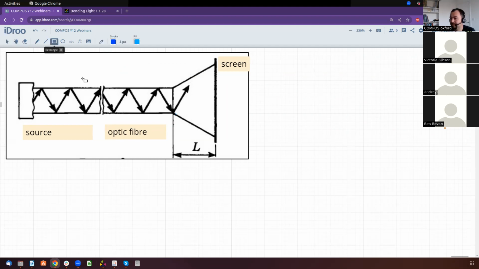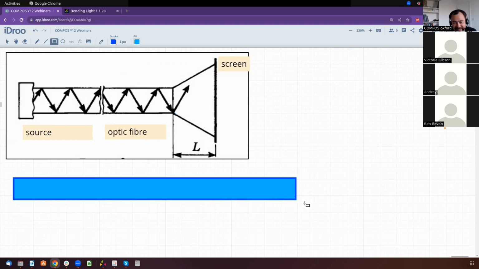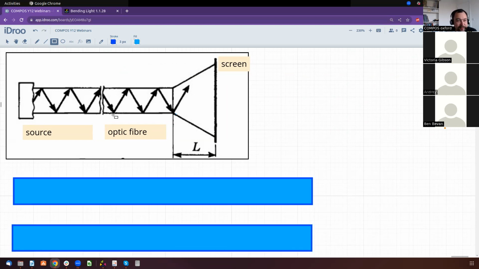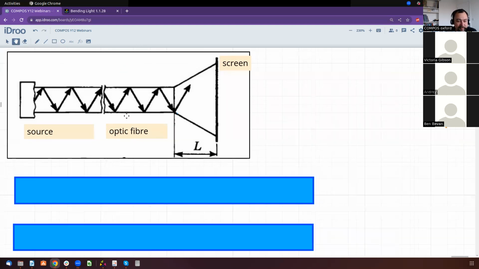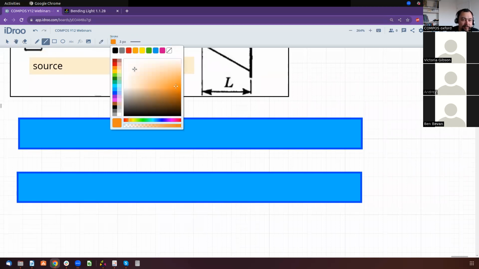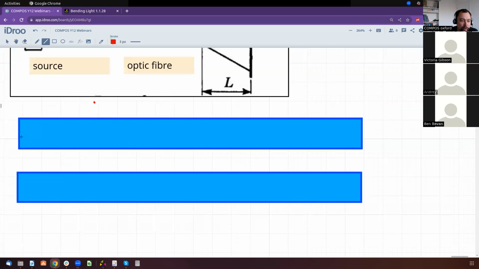Okay, nuance. Imagine two optical fibers and light. First, the light is traveling like this.